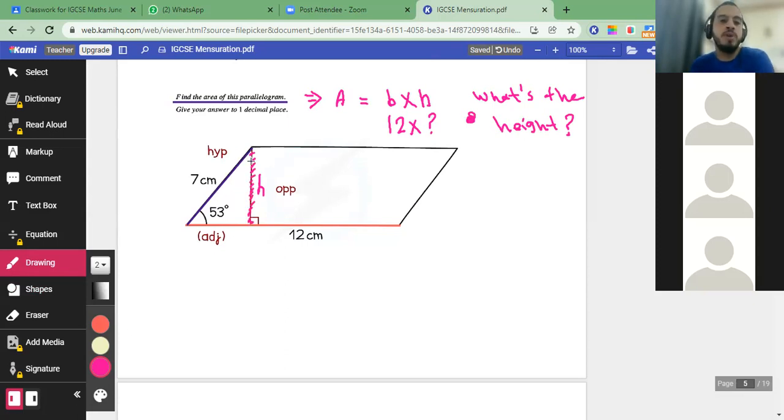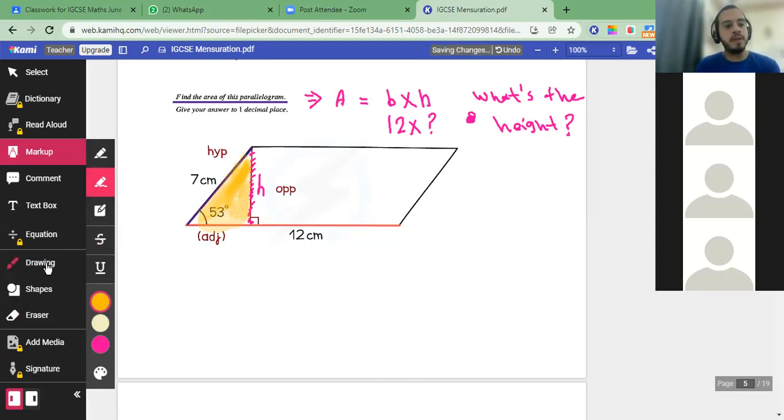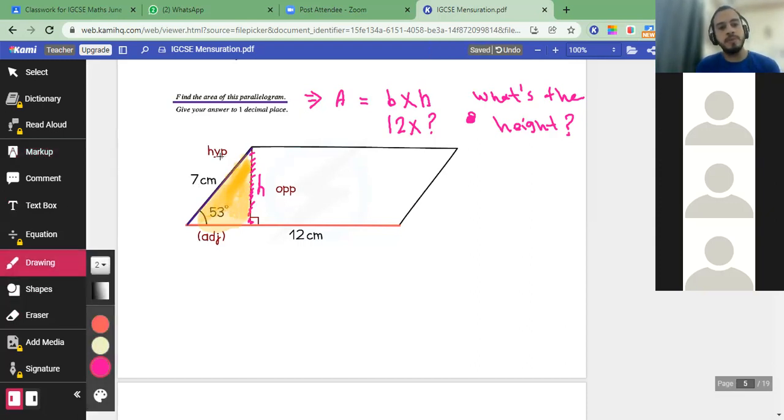Here in this triangle I wrote for you, I will work in this triangle. In this triangle, we know that here 7 is the hypotenuse, h is the opposite, this side is the adjacent, and this angle is 53. Now how to find the height?